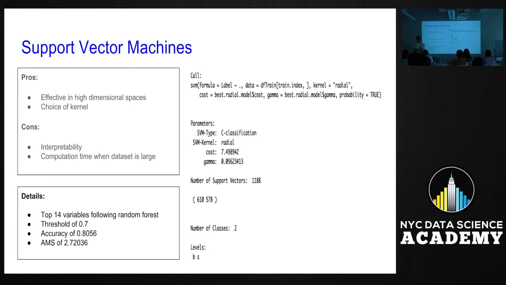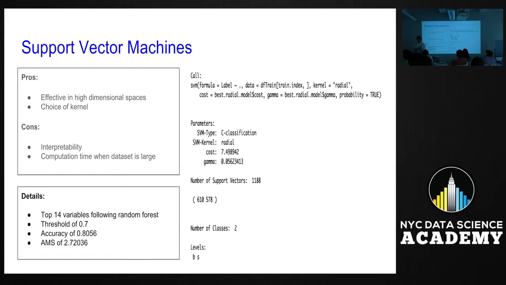Okay, so finally going on into the last model that we ran, something more predictive based. We attempted to use support vector machines, and in this case, we identified that this was a nonlinear problem, judging by the scatter plots earlier, that there was a lot of overlap.